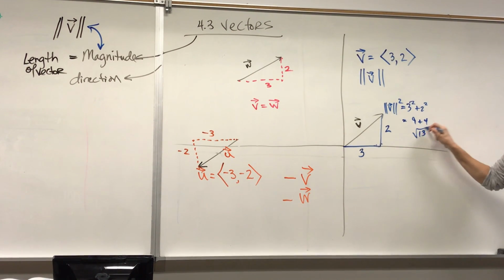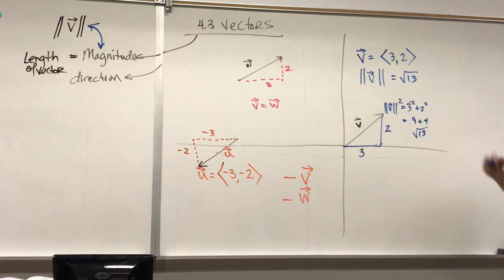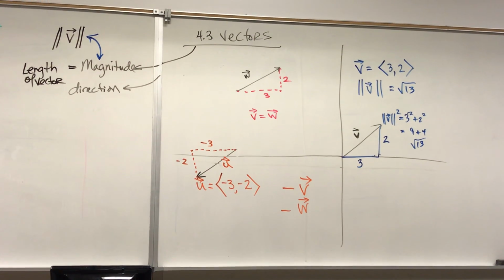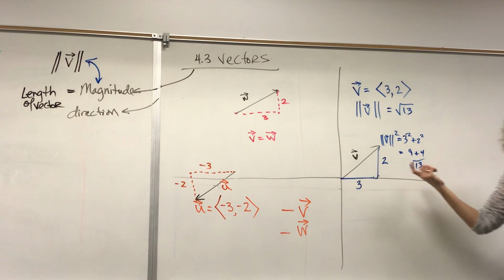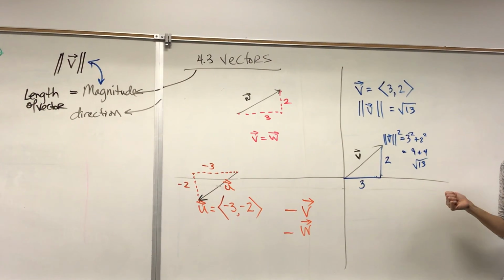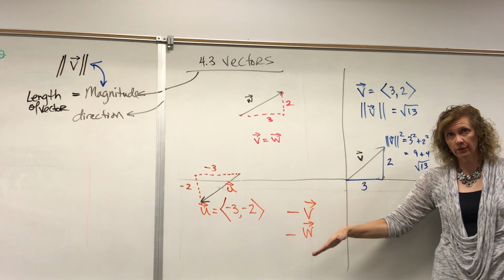Square root. So the magnitude of vector v is the square root of 13. Would you have to put plus or minus? No, because the length is always positive. We wouldn't have a minus unless we change the direction on it.